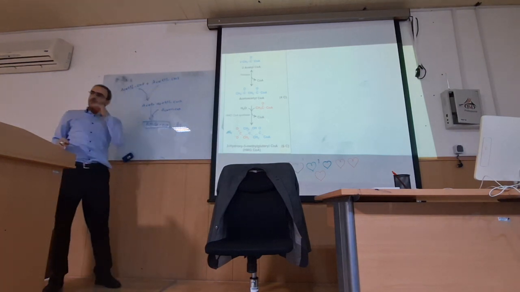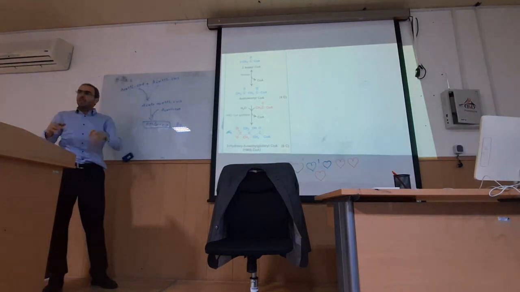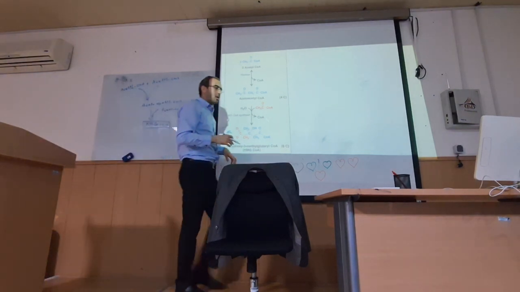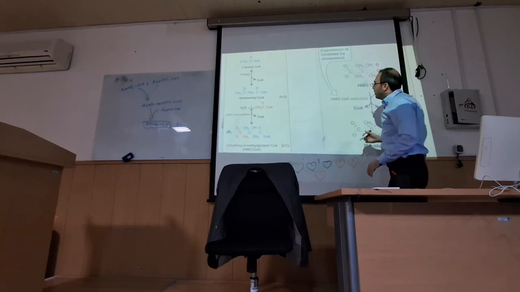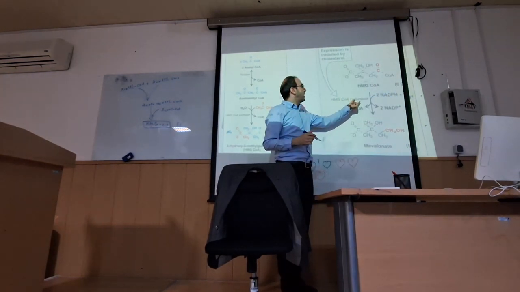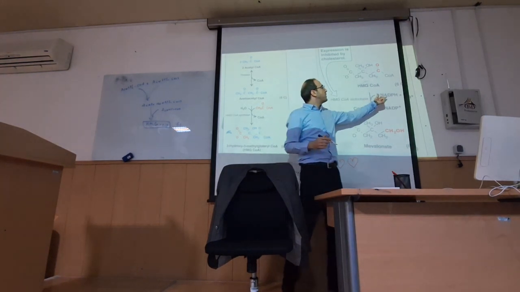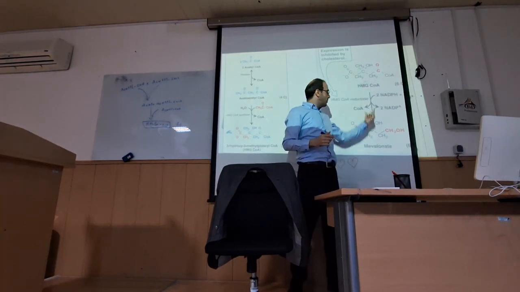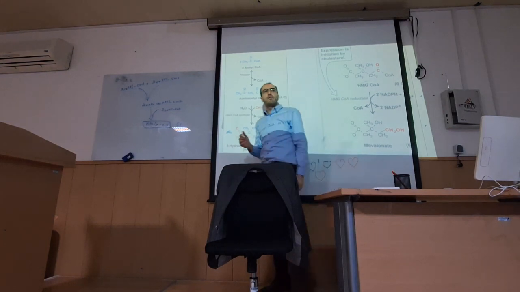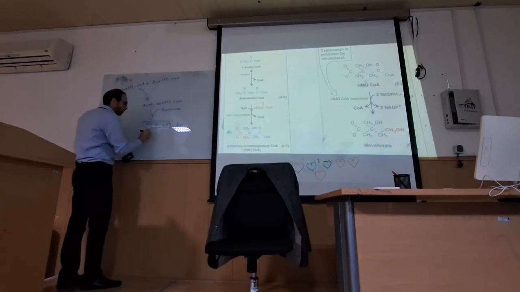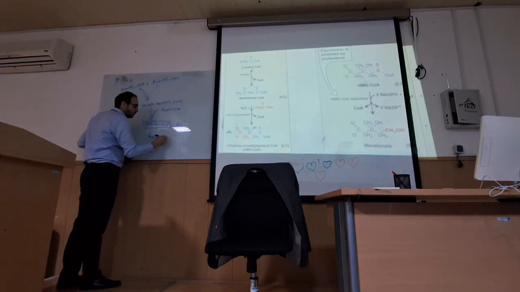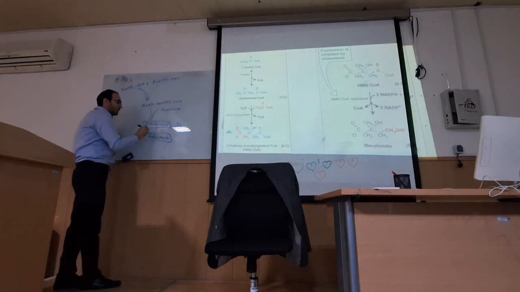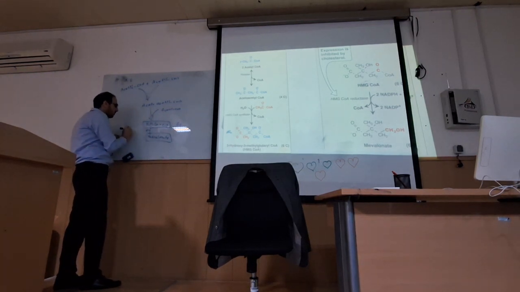Till now it doesn't matter. But the next one is the most important enzyme in synthesis of cholesterol. So what's happening here? HMG-CoA, by the enzyme HMG-CoA reductase, using NADPH, is converted to mevalonate or mevalonic acid.